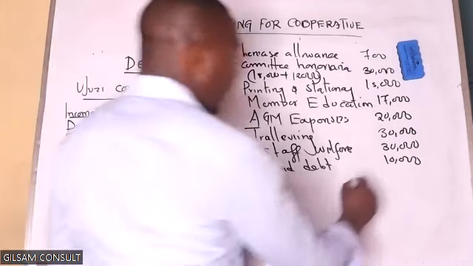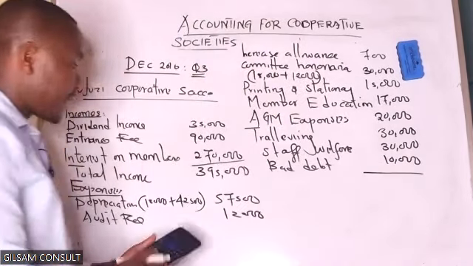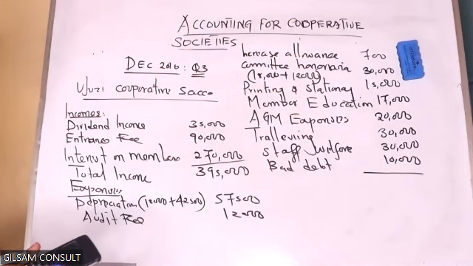So if you get the total for those expenses, how much is it? 57,500 plus 12,000 plus 700 plus 30,000 plus 10,000 plus 18,000 plus 20,000, 30,000, 40,000 again, plus 10,000.